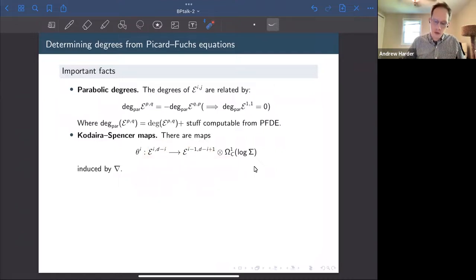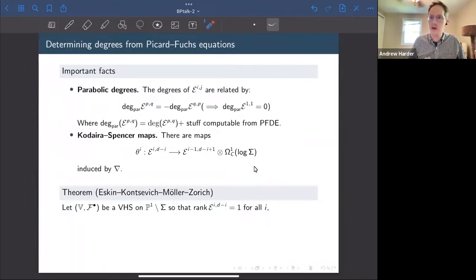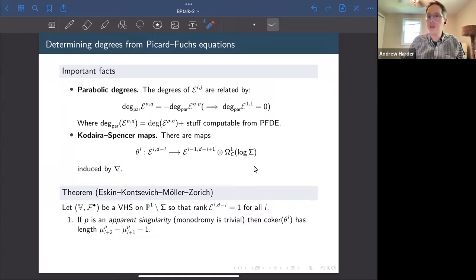I mean, the co-kernel is determined by the following theorem of Eskin, Kontsevich, Möller, and Zorich. It says that if I have any variation of Hodge structure on P1 minus some points, so that the rank of each of these Hodge bundles is 1, which is going to be satisfied in the cases that we're interested in, then I can compute the co-kernel of the Kodaira-Spencer maps that I got from this data.